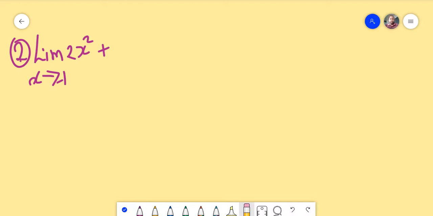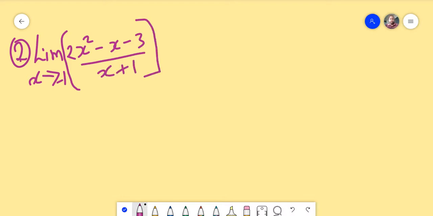I'll just rub some of this out, so that I don't confuse. That's a bracket. So 2x squared minus x minus 3 over x plus 1.